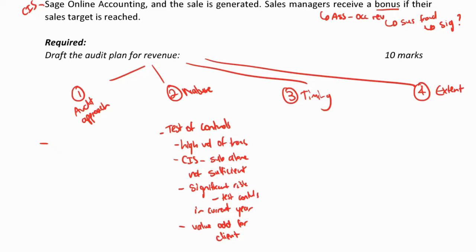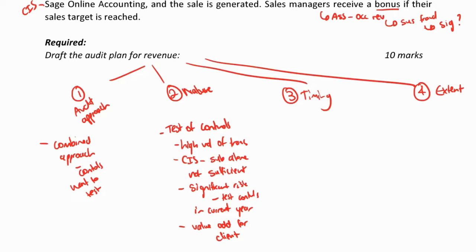It's enough for me to then come back and say, I'm going to follow a combined approach. Why? Because there are controls that I want to test, that I think will be valid and reliable and working.